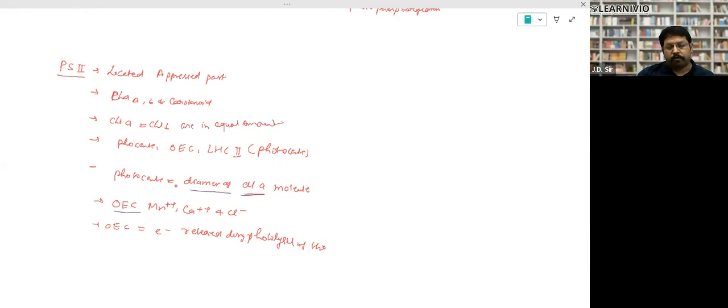The reaction center is made up of a dimer of chlorophyll A molecules. Dimer means two chlorophyll A molecules. It contains the oxygen evolving complex.